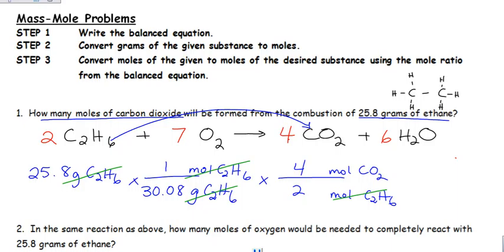We can plug this in our calculator. We'll divide by anything on the bottom, multiply by anything on the top. It doesn't matter what order you plug it in your calculator. So I could go 25.8 divided by 30.08 times 4 divided by 2 is 1.72 moles of carbon dioxide.